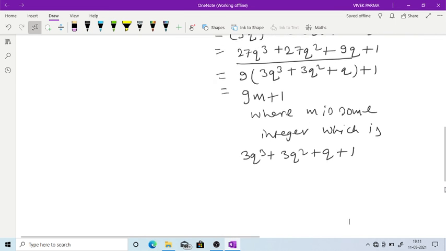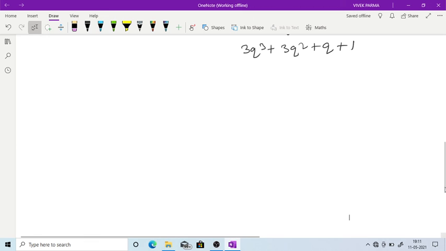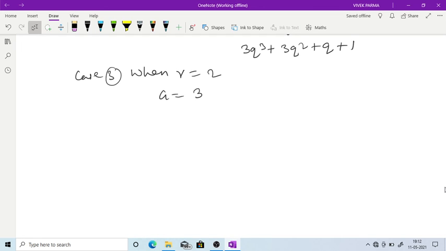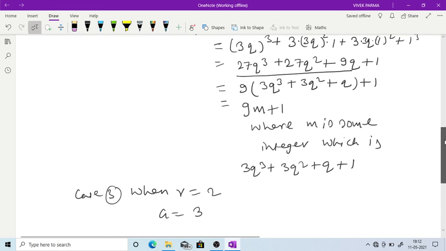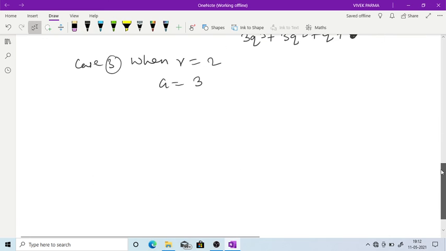So again for case 3, when remainder equals 2, right, we have a equals 3q plus 2.